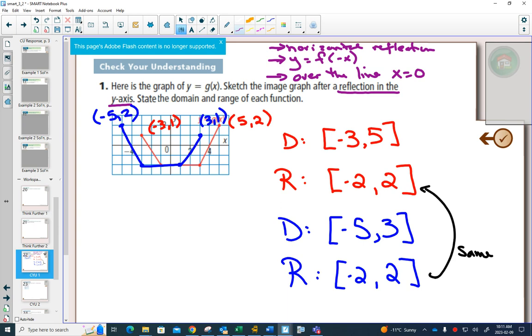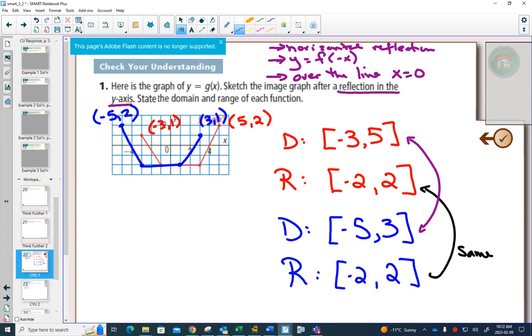That should make sense, because the only thing we did is change our x values by multiplying them by negative 1. We didn't do anything to our y values, so it should make sense that our range, which is measuring what our y values are, stayed the same. Do you notice the pattern that happened with the domain?